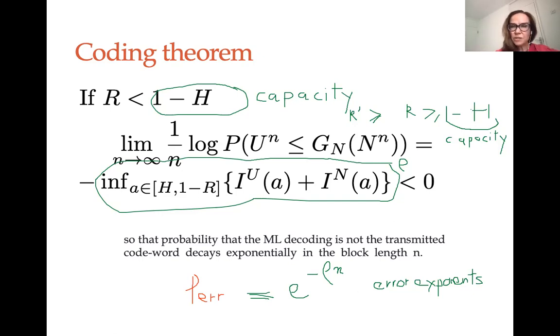However, unless you're really a lot above capacity, it's still very likely that you will guess the noise N before you guess one of the code word difference noises corresponding to the code words that were not transmitted.